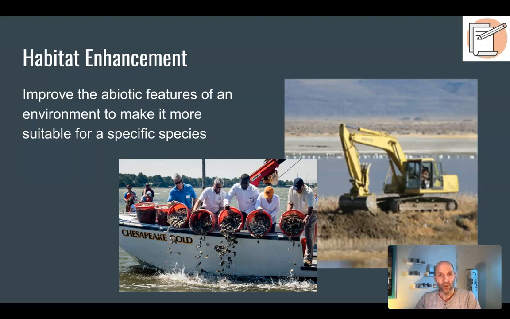In the picture to the right of that, you can see an excavation tool being used to make a brand new wetland. So to make the habitat for certain species bigger. We're not adding any of the living things, we're simply enhancing what is there to make it a better place for plants and animals to live.